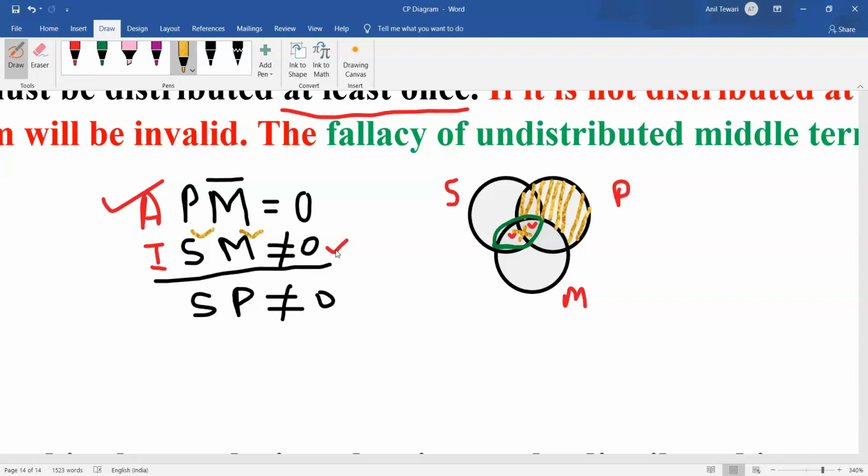Because the proposition does not clearly say whether the member populating this area is also a member of the predicate or not. The proposition simply says that the common area of subject and middle is not 0. It does not tell whether that person is also in the predicate or not. So in that situation, we have to keep that doubt. There is a doubt whether this member is in the predicate or not. So we keep the doubt by putting the cross on the borderline of the predicate.